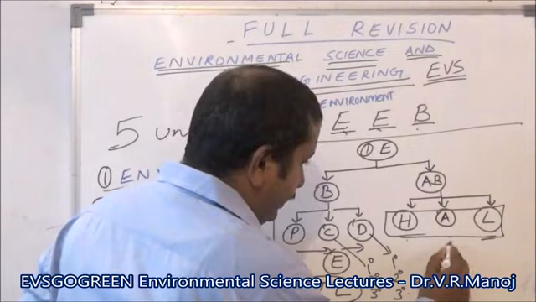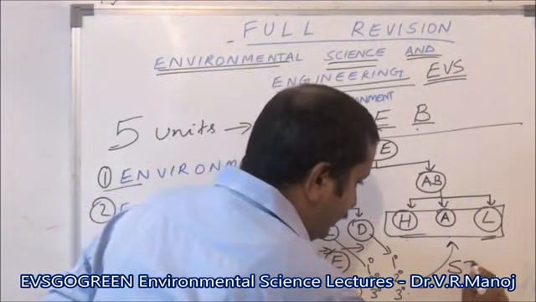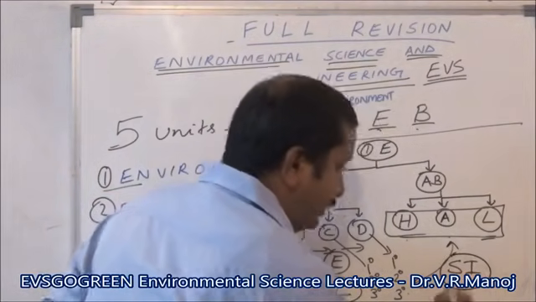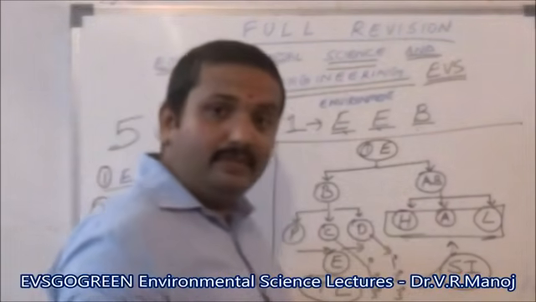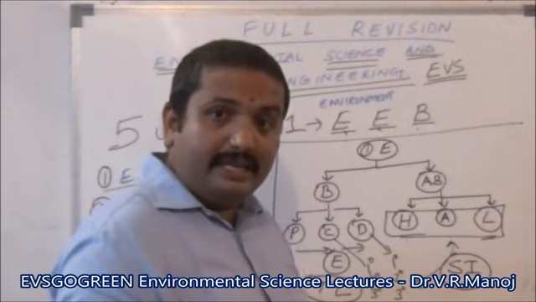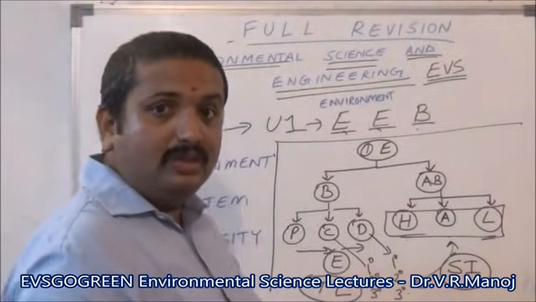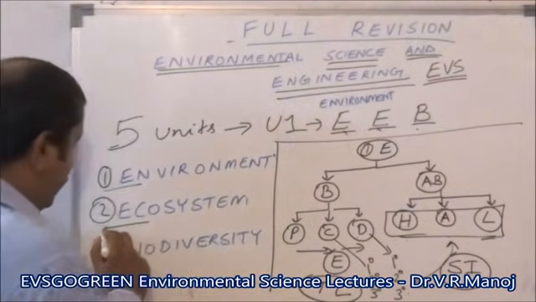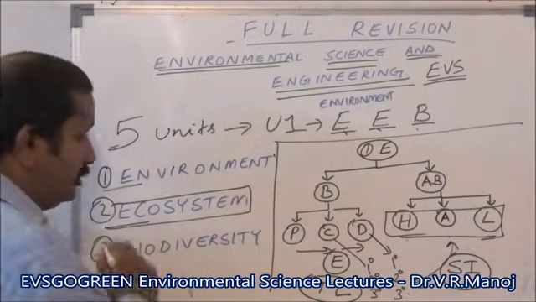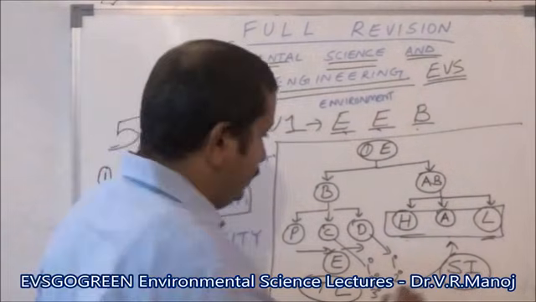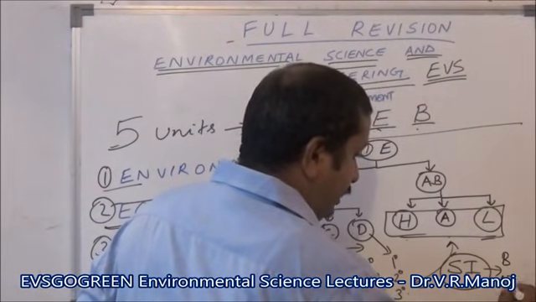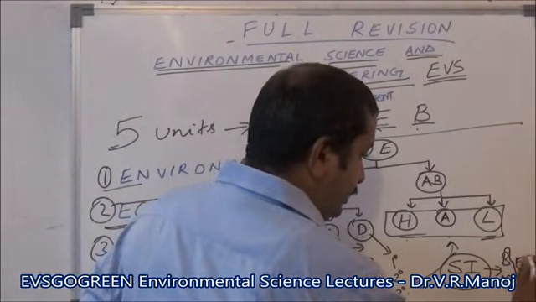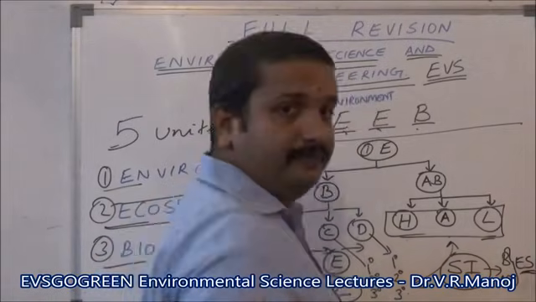How are they linked? They are systematically linked. The systematic interaction between the biotic and the abiotic components in an environment is what you call the second part of the first unit. You call it an ecosystem. Okay, so systematic interaction between biotic and abiotic, you call it an ecosystem.